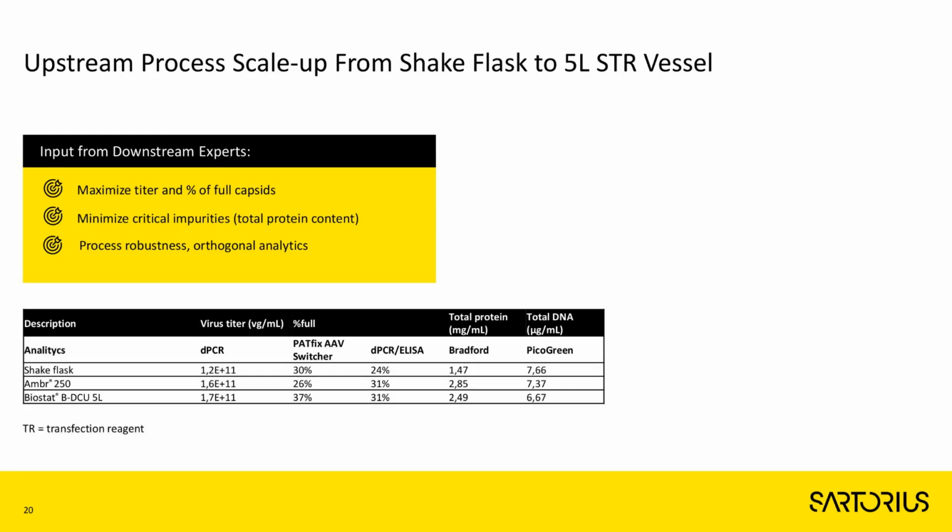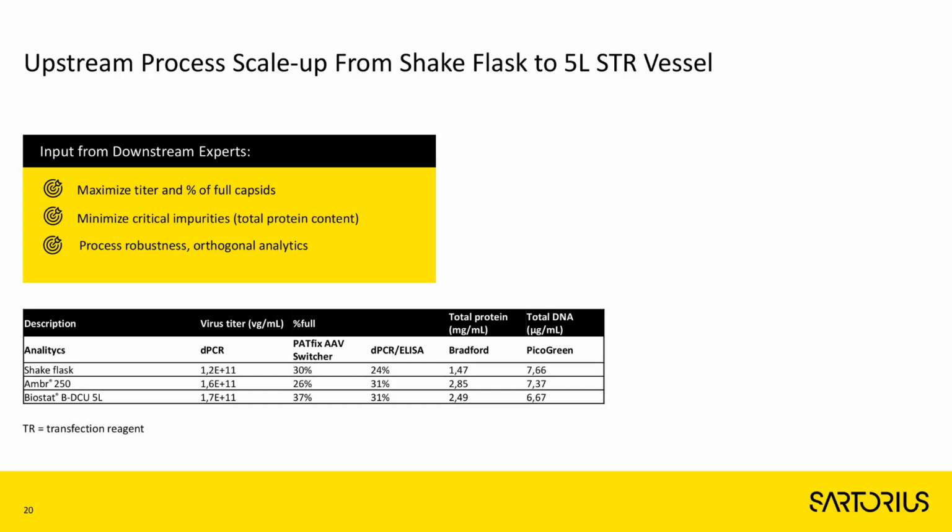And we first performed a certain series of experiments on shake flasks, of course, and then we went on to the Amber 250 as our smallest available bioreactor scale in our lab. And we proceeded on to scale it to 5 liters, which at the moment when we were doing these experiments was our biggest scale. So what you can see in this table are data for titer as well as the percent of full between these 3 different scales.